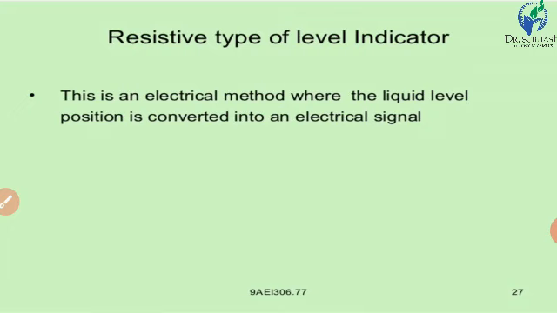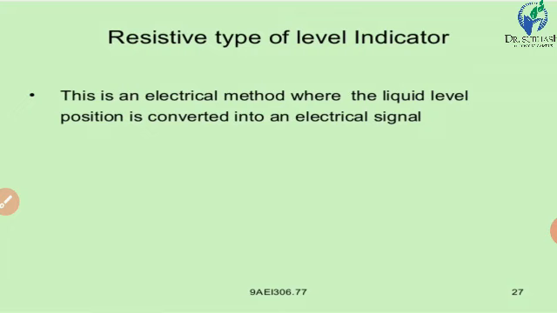So in these indirect methods, we will use two transducers, primary and secondary. The electrical transducers used for level measurements are resistive, inductive and capacitive. We will see all three, but we will start with the resistive type level indicator.